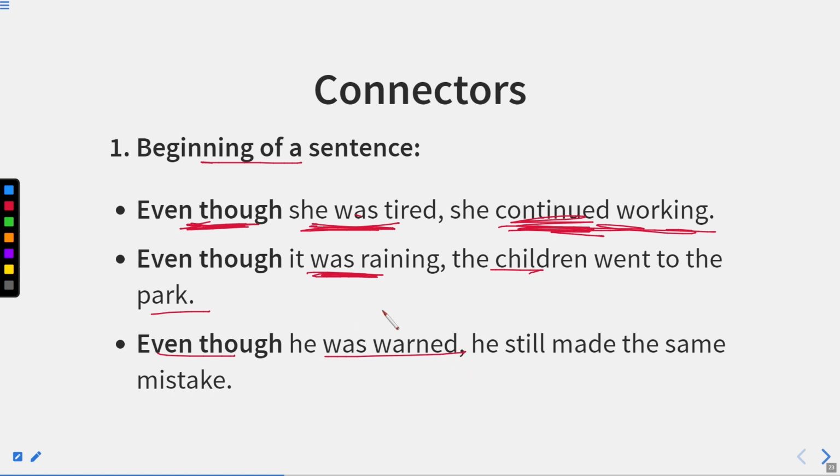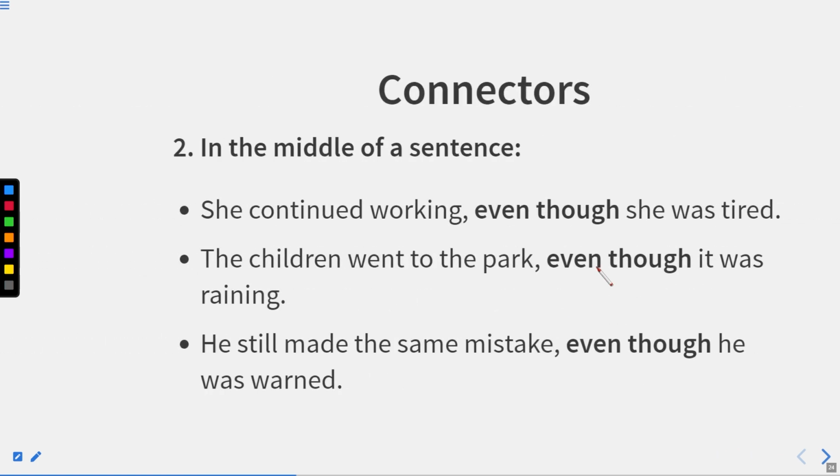Even though he was warned, he still made the same mistake. So even after the warning, even though he was given the warning, still he made the same mistake. So here we are using the word still to combine these two clauses together. Here we can see the adverse situation, whereas in this we can see the unexpected outcome irrespective of that adversity.